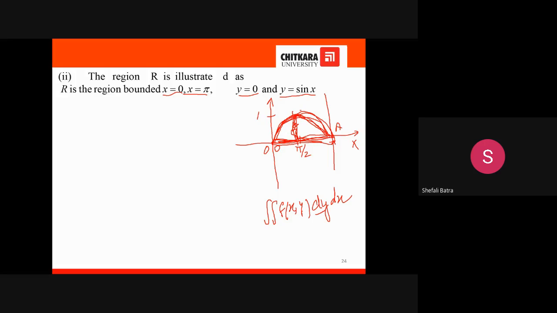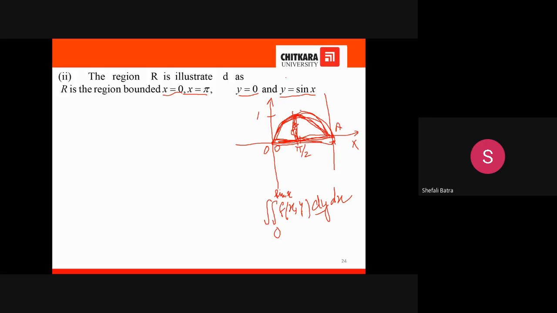Tell me the limit of y. Yes, beta, 0 to sine x. And what about x, beta? 0 to pi. Correct.